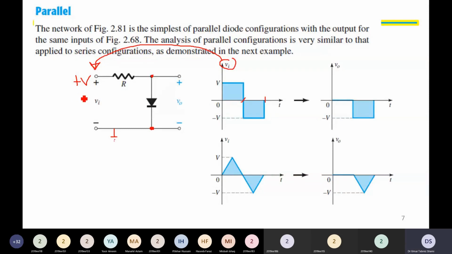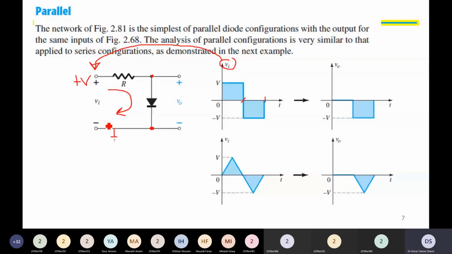When we give positive voltage at the input, this positive voltage will allow a current to pass through the resistor, through the diode, and then into the ground.